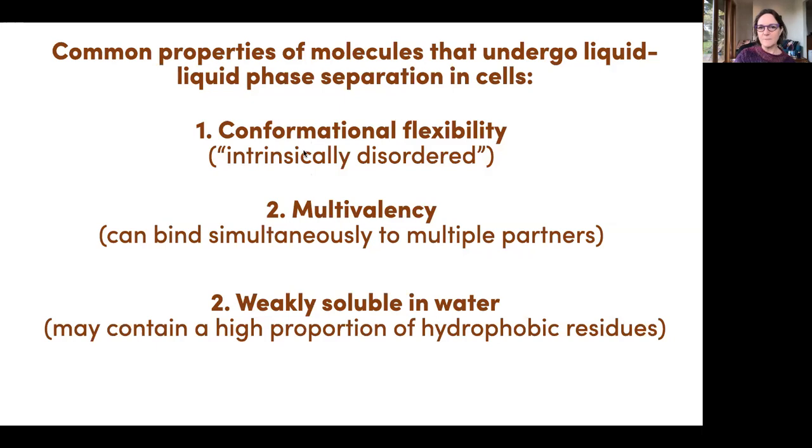The conformational flexibility is important because, the way that I think about this, and this is maybe not the most rigorous way to think about it, you have these large molecules like proteins and nucleic acids, and they can be by themselves, just surrounded by water. They can be bound to one or two partners, or they can come together to form a much more extensive network, which is a phase-separated organelle. When they come together to form that phase-separated body, as I've already mentioned, that is a reduction in entropy, right?